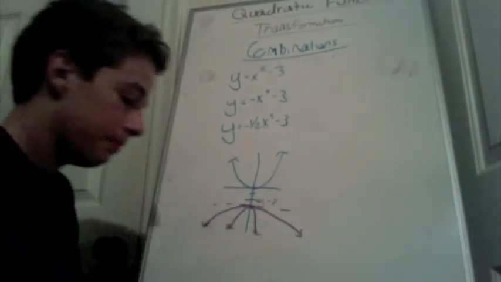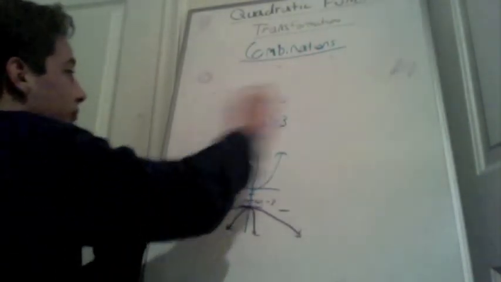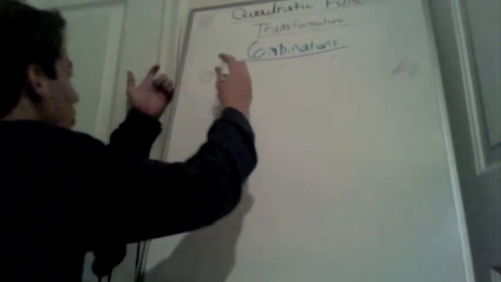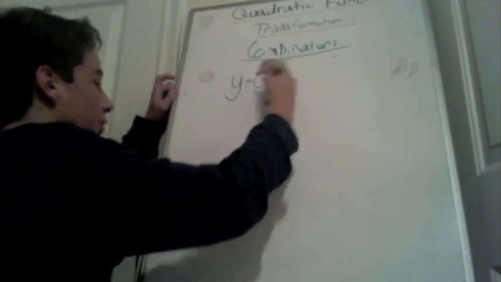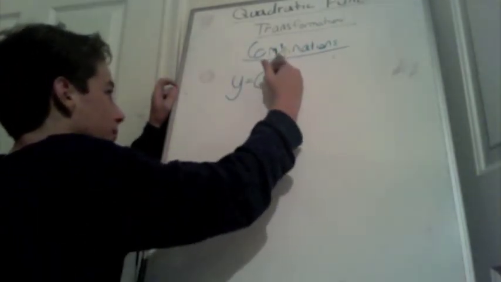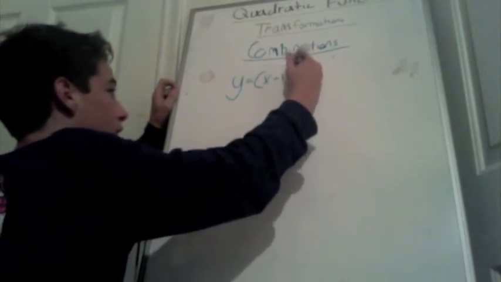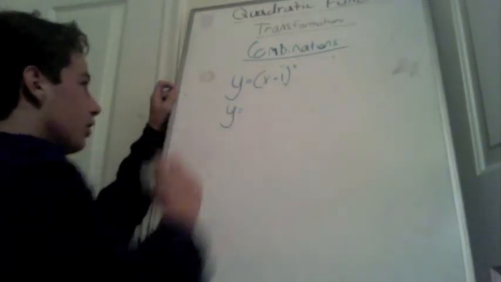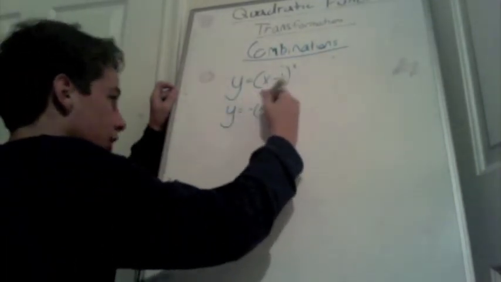Alright, we'll do one more. We'll say we have y equals, we'll do an x-intercept translation. So we'll do (x plus 1) squared. We'll just add in a reflection.